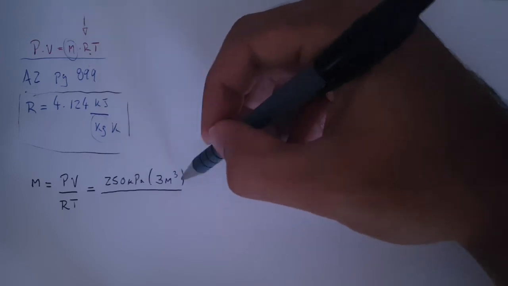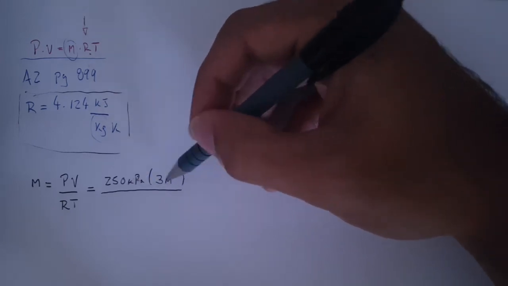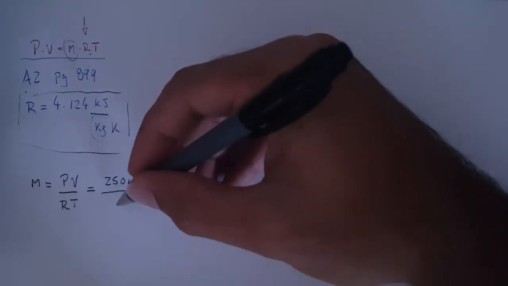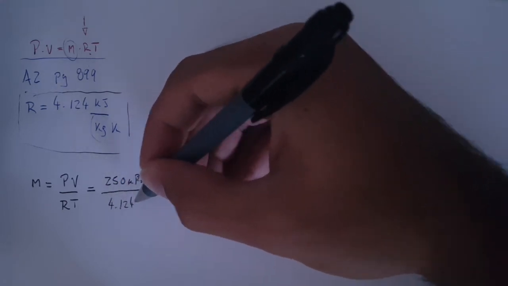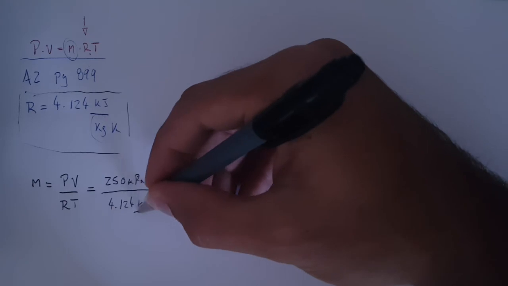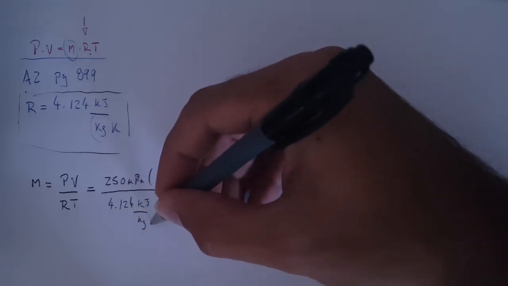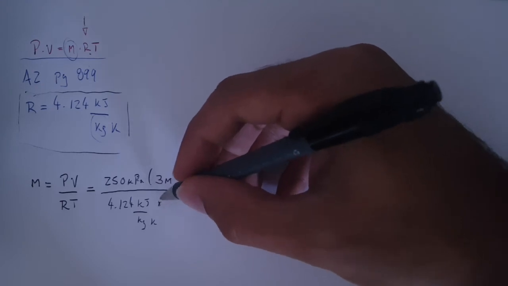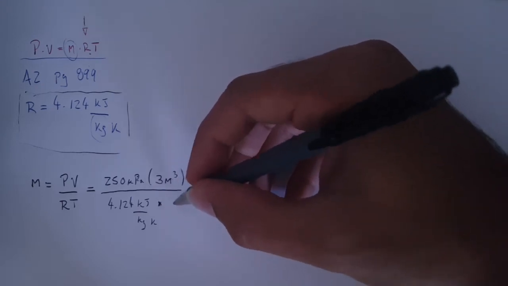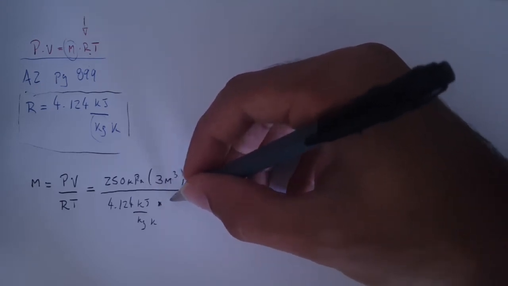Remember that this multiplication is going to render kilojoules, right? Then on the bottom here, 4.124 kilojoules per kilogram Kelvin, times the temperature, which is for the first state 550 Kelvin.